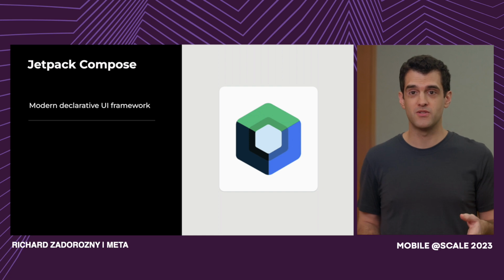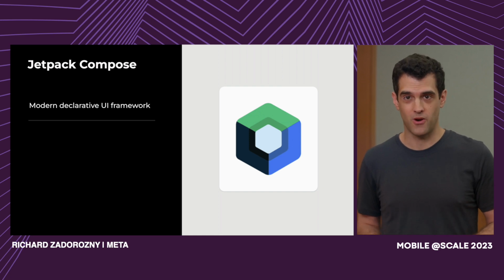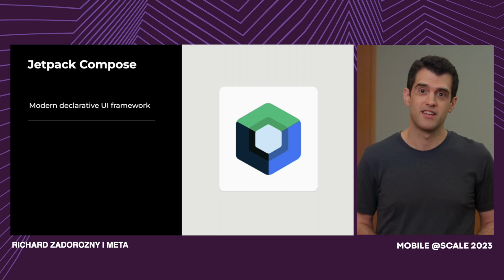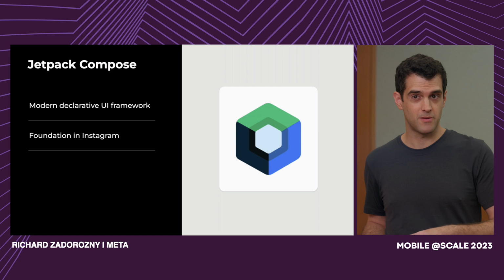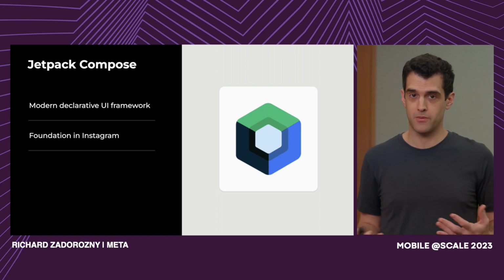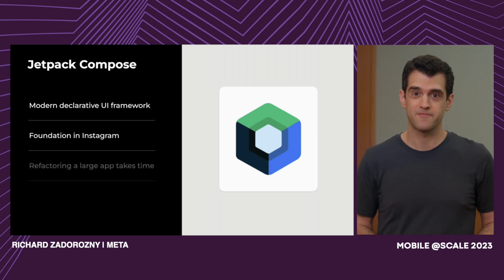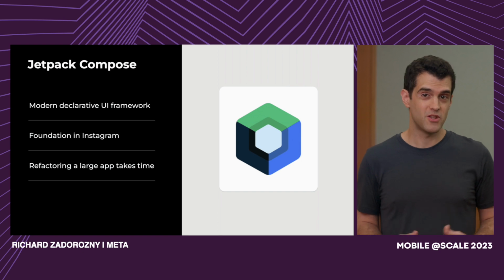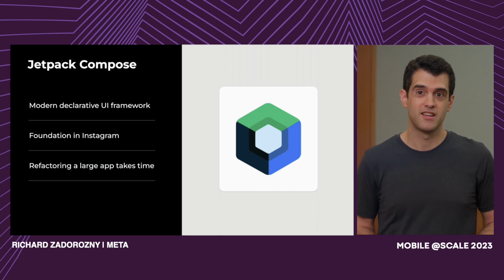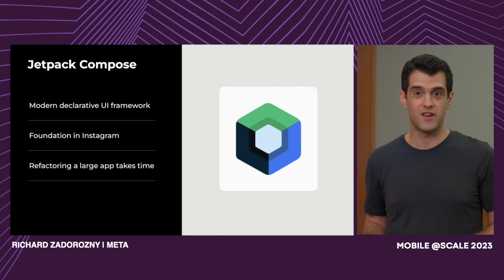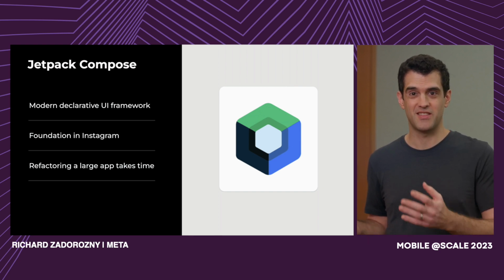And Jetpack Compose is the new modern declarative UI framework that's built by Google. By this time, we had started to make some initial tests inside Instagram. We started to lay the foundation of Compose in Instagram and saw how it would work in our systems. But we know that refactoring a large app like Instagram takes a long time. We have a lot of performance cares inside the main Instagram feed.